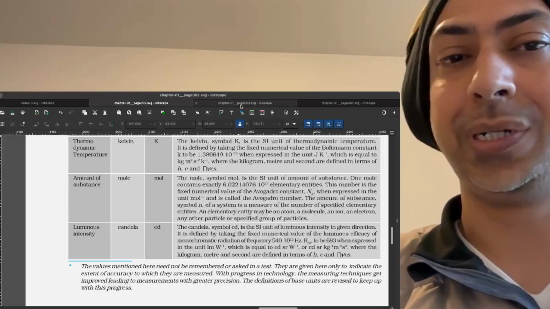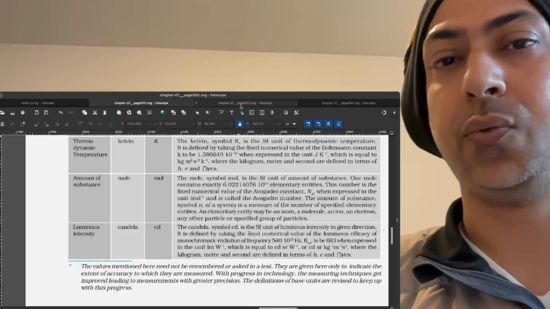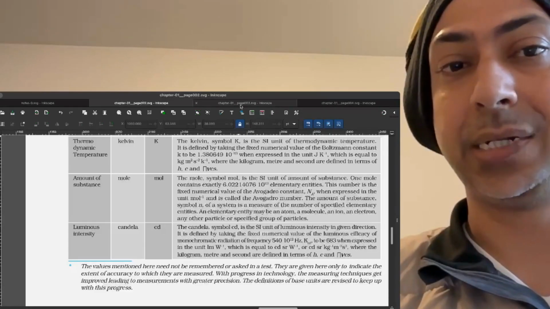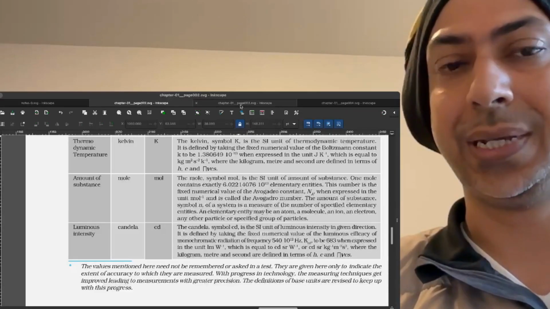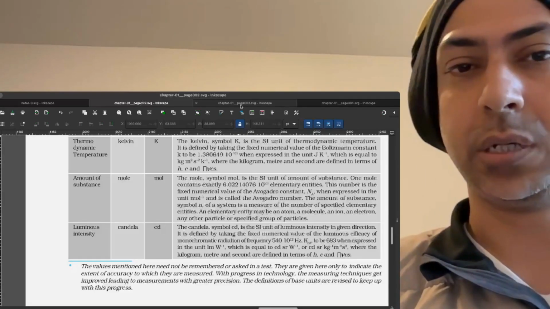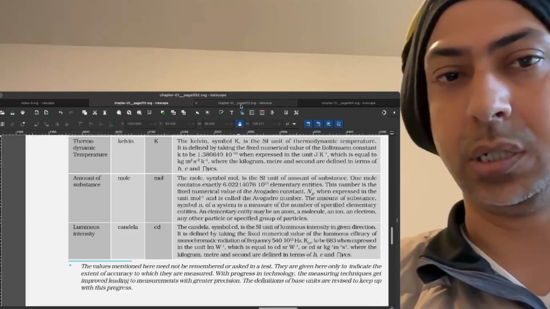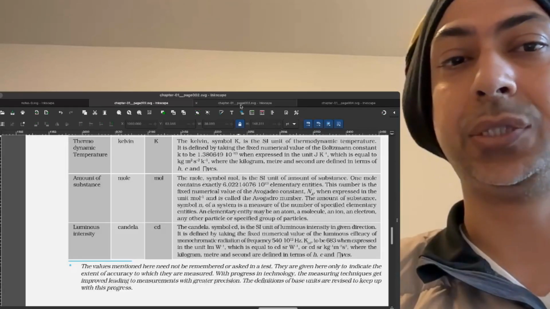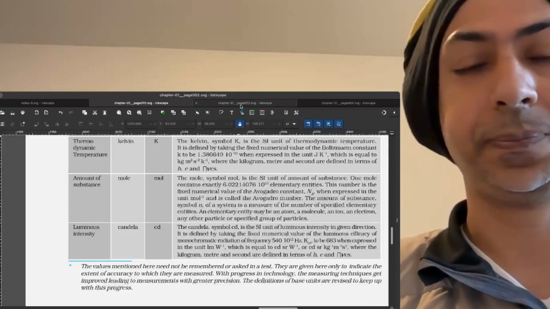So if it is 1.62 seconds, the digits 1 and 6 are reliable and certain. So 1.6 is reliably known, while the digit 2 is uncertain. Thus, the measured value has three significant figures.